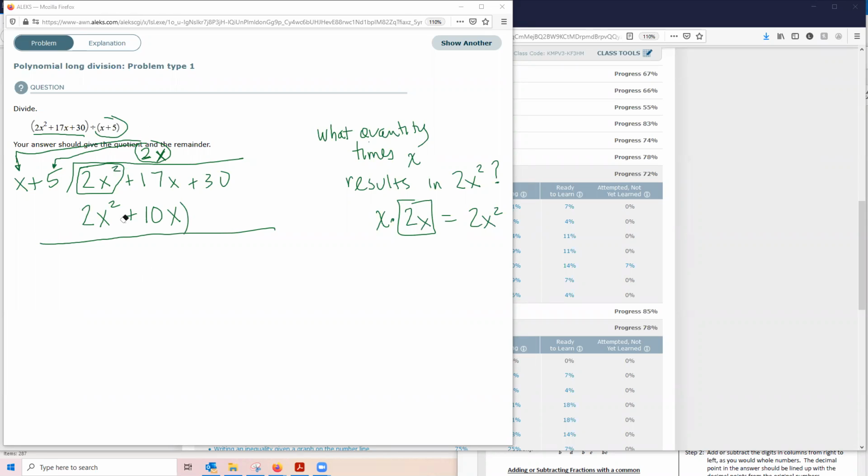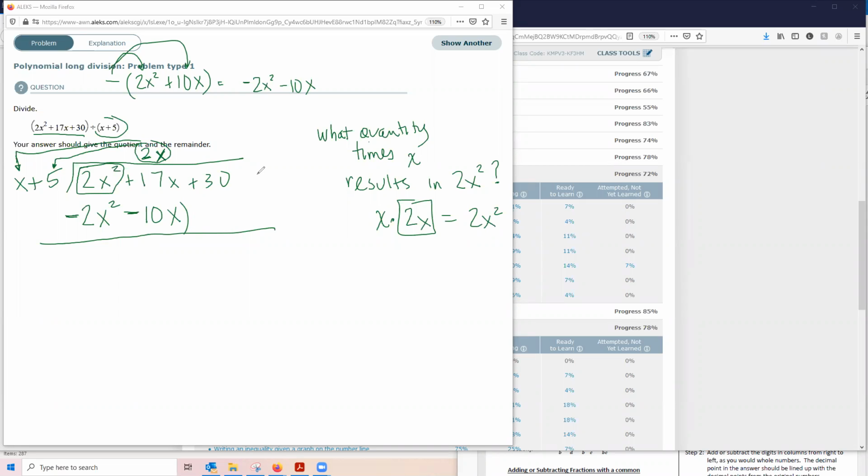So I'm going to make this a minus and that a minus. Remember, we were subtracting 2x squared plus 10x. But when I do that, I end up with negative 2x squared minus 10x. It's almost like you're distributing that negative sign inside the parentheses.